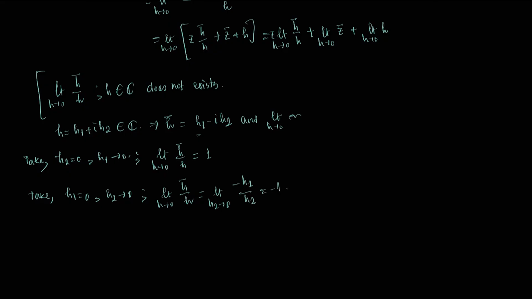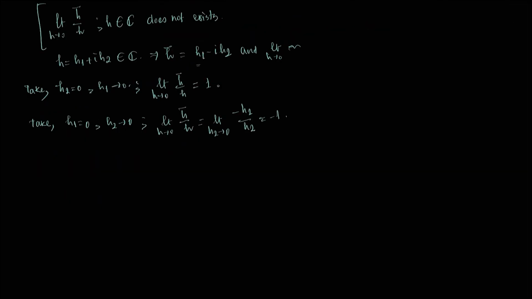Now you see, two different paths, two different limits. So this limit does not exist. So therefore, the limit does not exist. Clear? So once it does not exist, hence f of z equals mod z square is not differentiable.